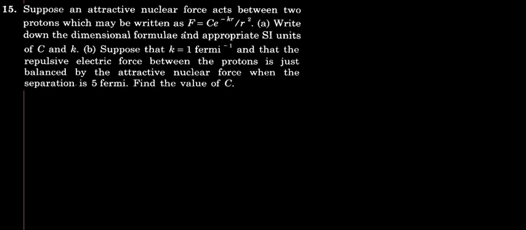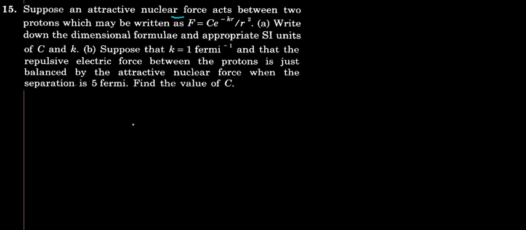Problem number 15. Suppose an attractive nuclear force acts between two protons, which may be written as F equal to C e to the power of minus kr divided by r squared.